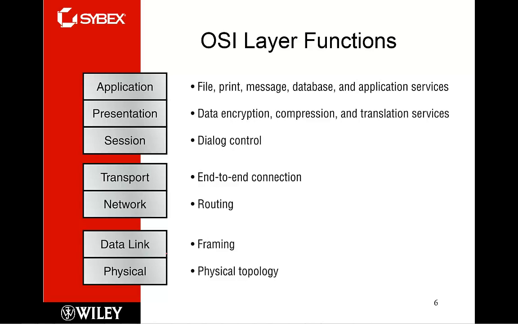Now the data link. Let's talk about the data link. That does framing. I mean, we have to send these digital impulses, which is the physical layer, like ones and a zero that could be a different voltage. But what we do is we break all that up and we put it into a data link frame. And in the data link frame, one of the things we have is the destination address on our local network.